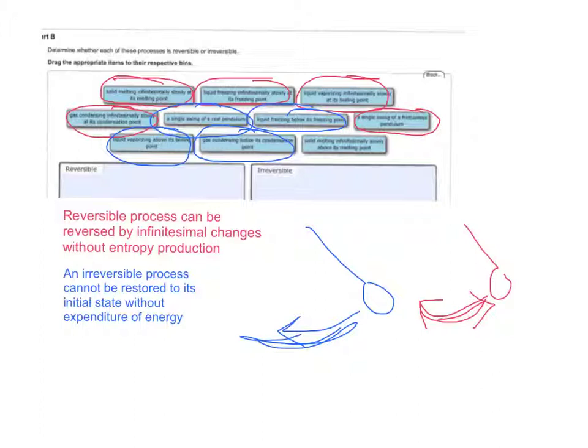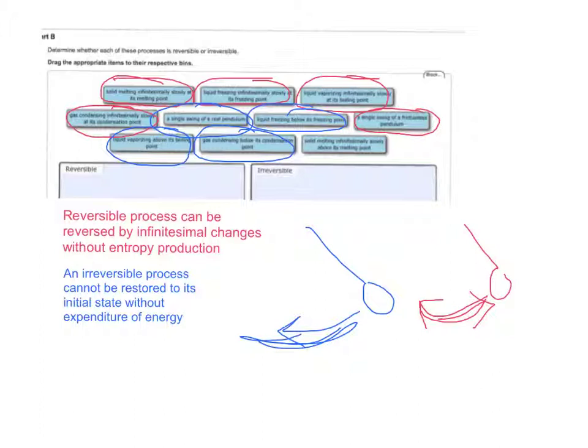The last one is a little tricky. It's solid melting infinitesimally slowly above its melting point. We know that anytime an object is not at the melting point or the boiling point, temperature is changing. And so this must be an irreversible process.